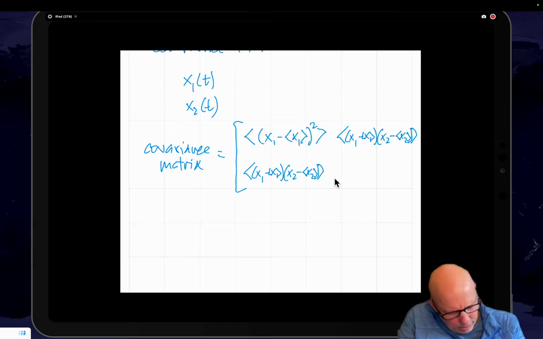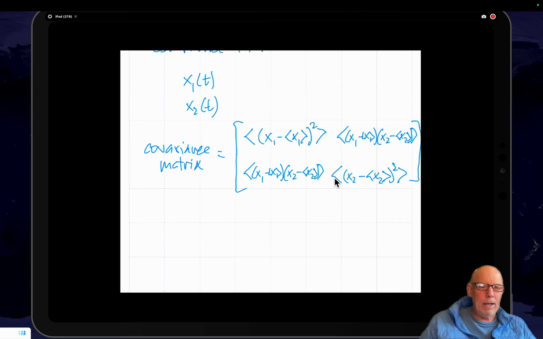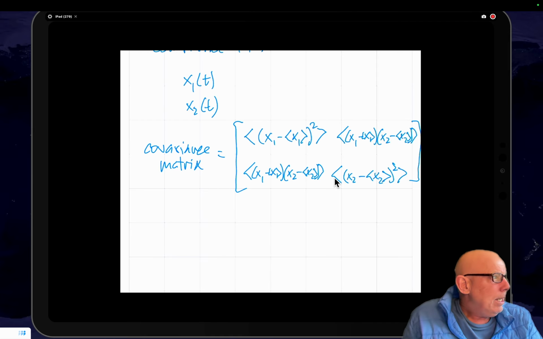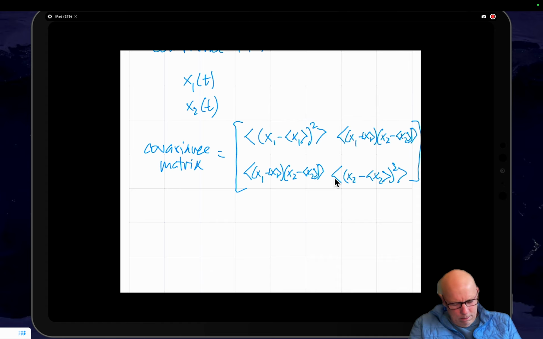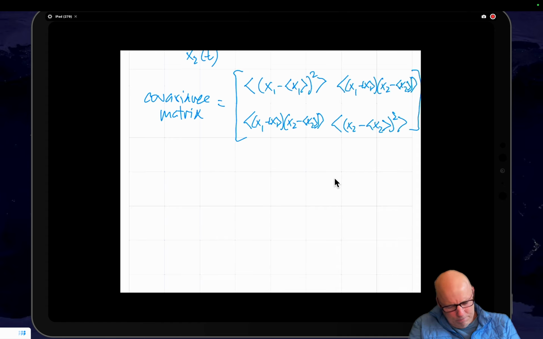And then finally, I have x2 minus x2 average quantity squared. And this matrix, this 2 by 2 matrix, reports on the variance, but in a generalized way. And thinking back to our mass spring system, let me propose for you this situation.